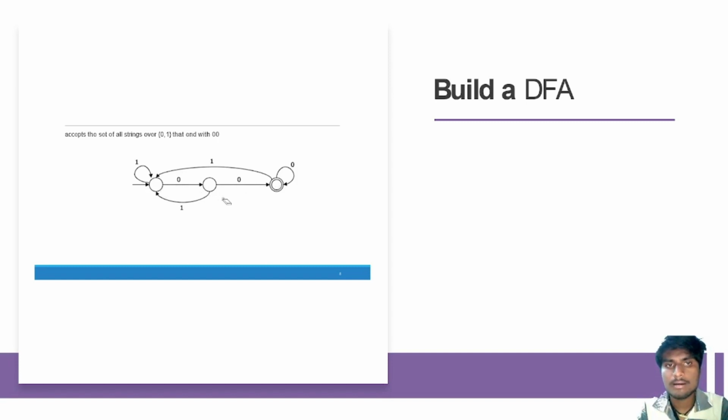Take Q0, Q1, Q2 as an example: 0 is transferring from the start state, and the end state is the last one. 0 is transferring from Q0 to Q1, and again 0 is transferring from Q1 to Q2, as they have specified in the language here.